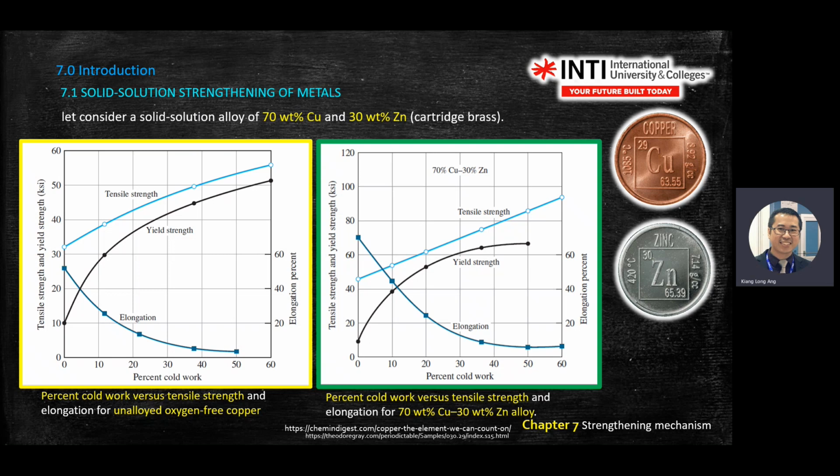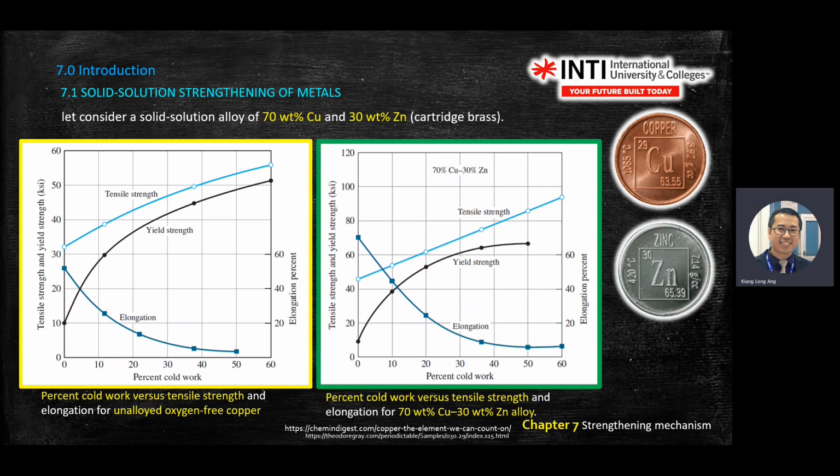Look at 20%. 20% gives you 25%, 22%. So the elongation actually increased if you read the graph carefully.